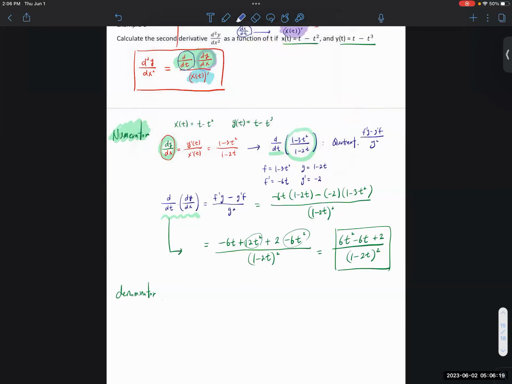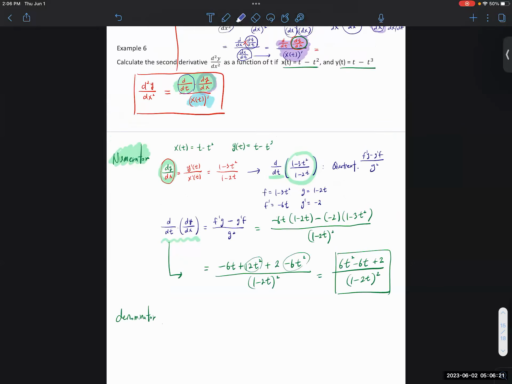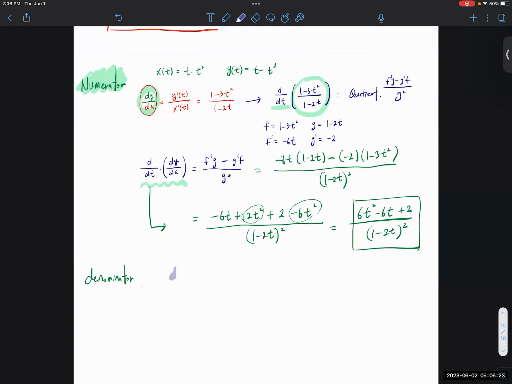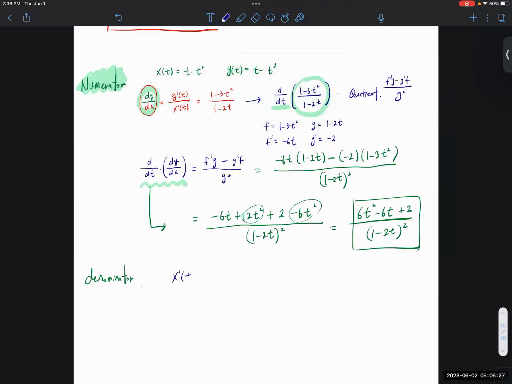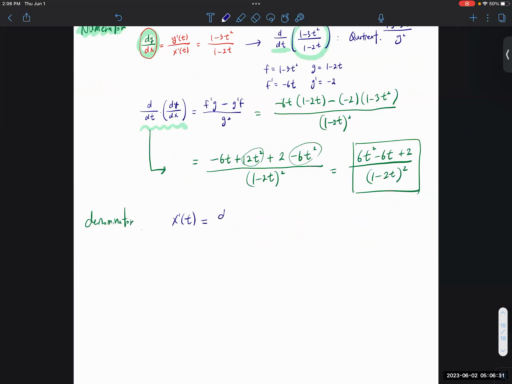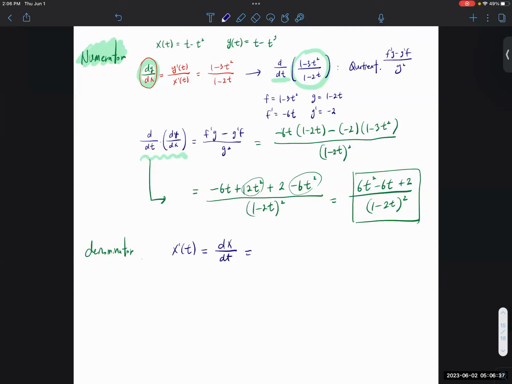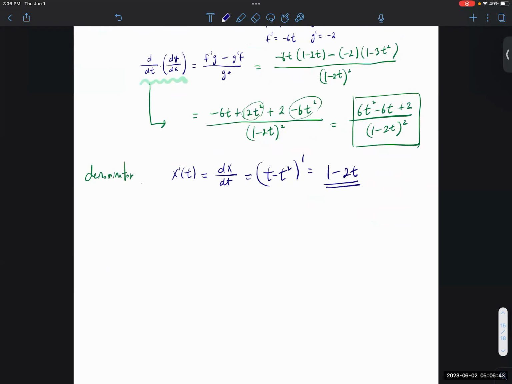We already have the x function. x prime t is dx over dt. The x function was t minus t squared, so its derivative is 1 minus 2t. That's it. That's the denominator.